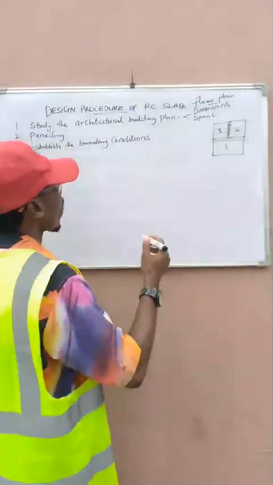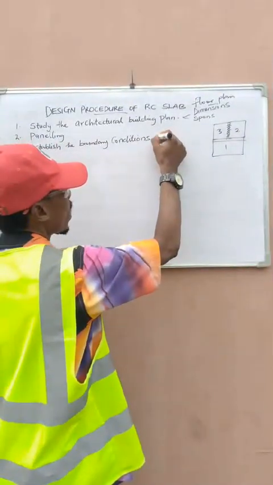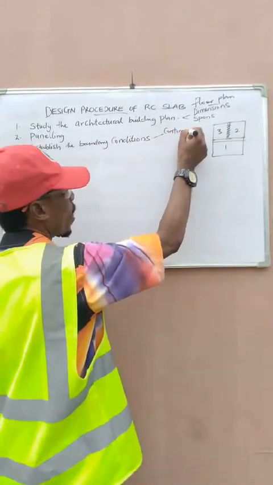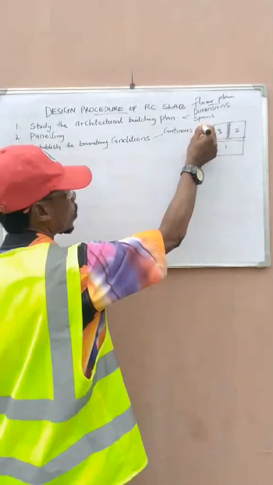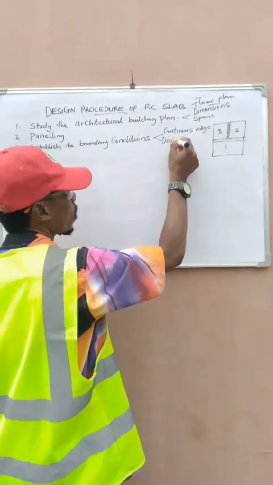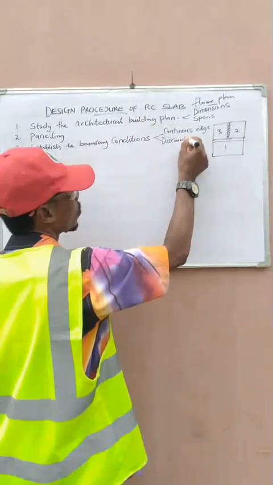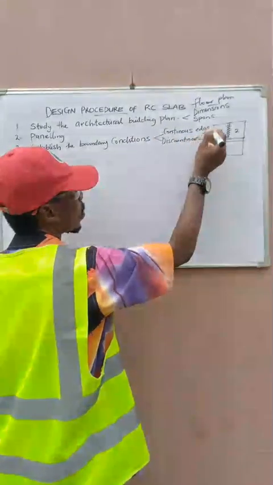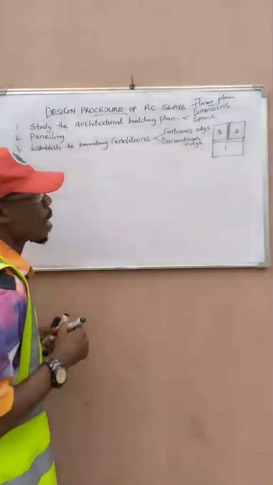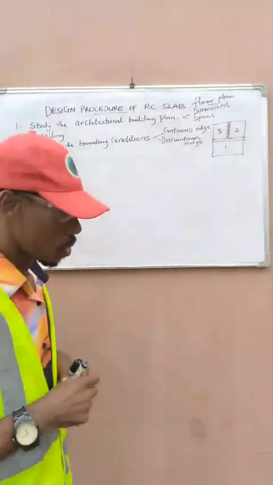It is termed continuous. So under here we have continuous edge, then we have discontinuous edge.